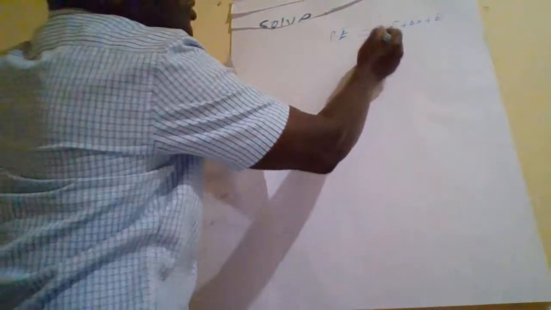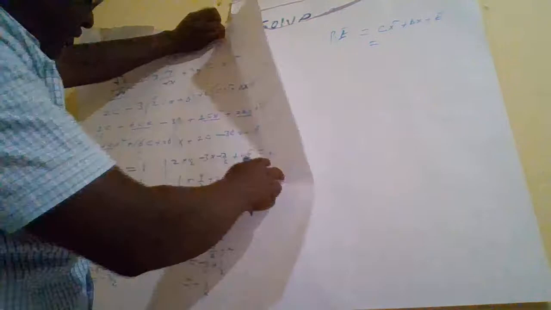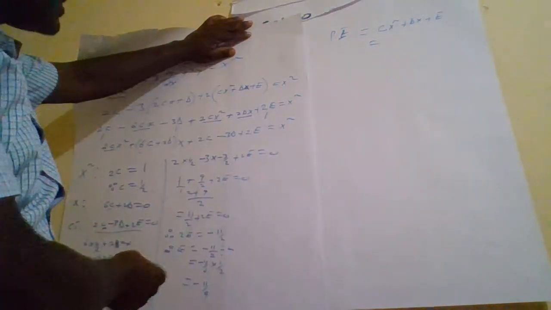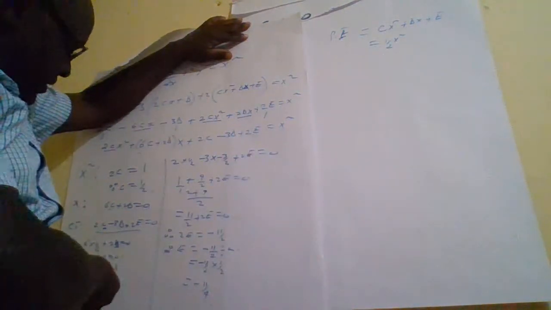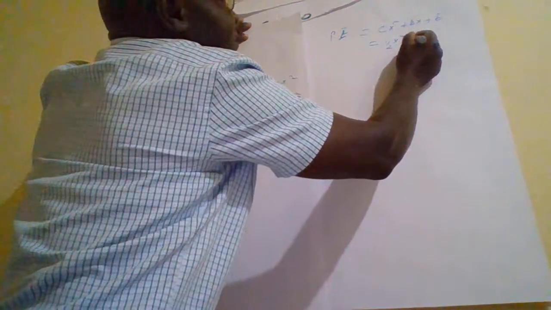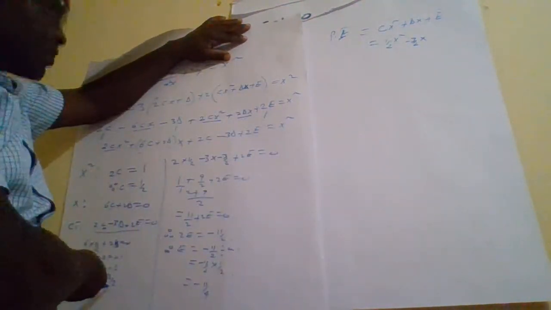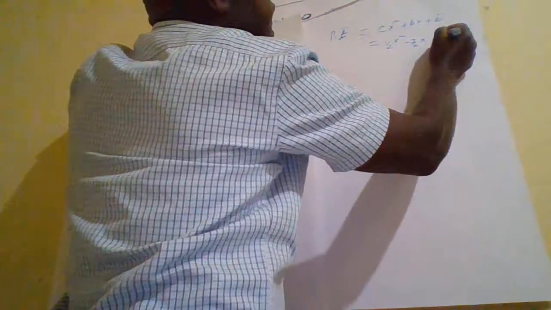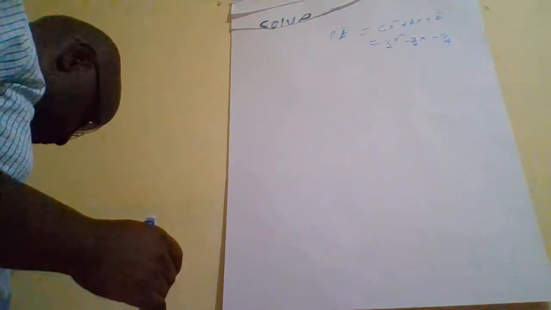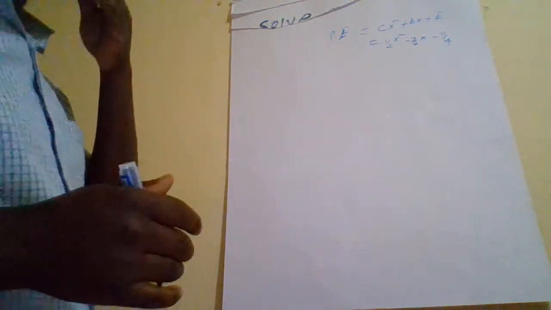So it will be equal to, we can now replace the values of the constants. c is a half, so we have a half x squared. Then d is minus 3 over 2 x, then plus e. Our e is minus 11 over 4. So that is our assumed PI.